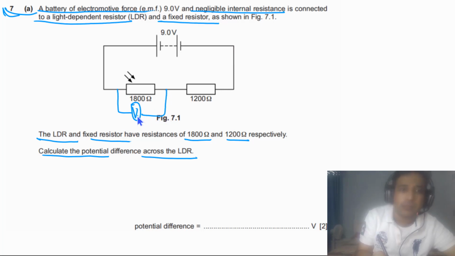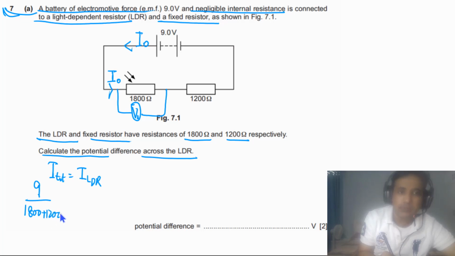So we can say this PD is V1. If you look at this circuit, imagine that current I naught is coming from the power supply. So this is the total current in the circuit, and the current passing through this LDR is also the same. So we can compare: I total is equal to the current passing through the LDR. The total current in the circuit is the EMF divided by the total resistance in the circuit, that is 1800 plus 1200.